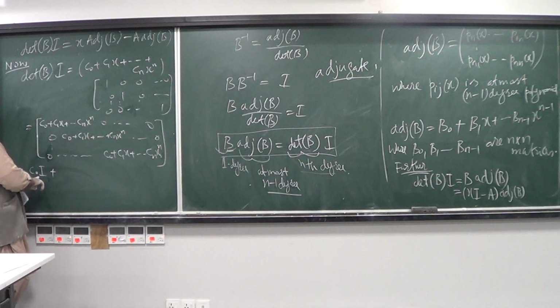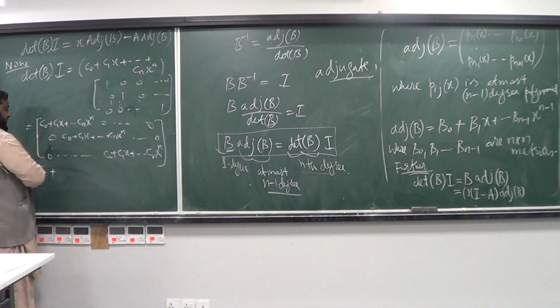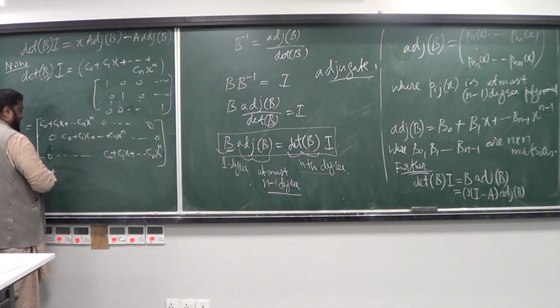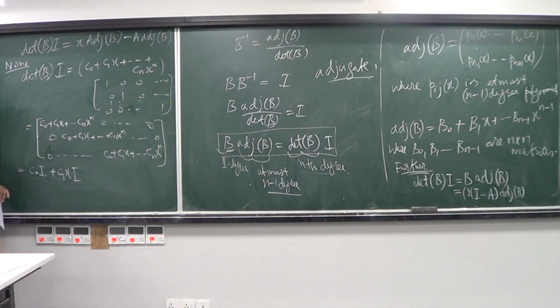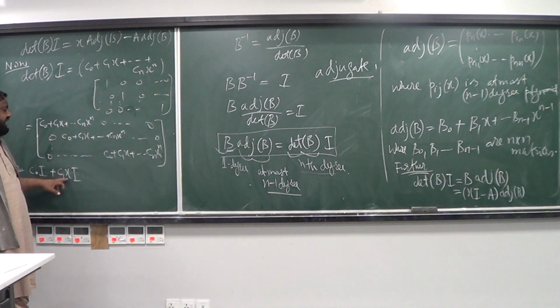So this matrix is going to contain C naught 0 0 0, 0 C naught 0 0 0, and so on and so forth. How about the second term? From the second term, if I write C1 x multiplied with the matrix I, this is going to be C1 x 0 0 0, 0 C1 x 0 0 0, and so on and so forth.